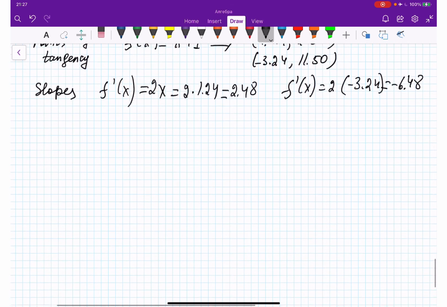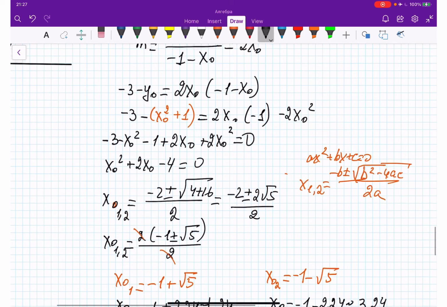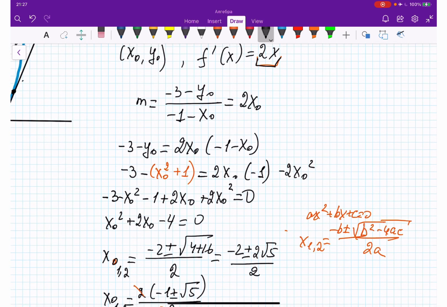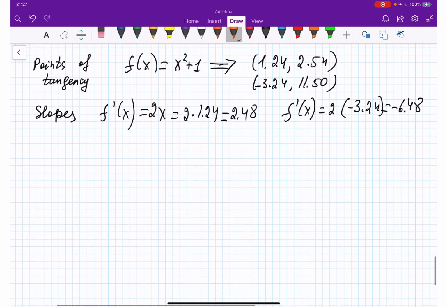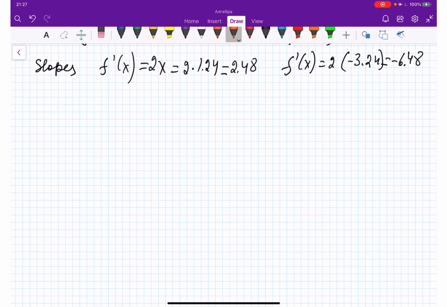So remember here we put down this, where is it? Ah, here it is, negative 3 minus y0 over negative 1 minus x0 equal 2x0, right? So I'm going to use this to write down, just like exactly in algebra, right? When you have slope and a point, you figure out the equation of the line. Actually, next video, I'm going to put the algebra part of it. So if somebody doesn't know this stuff, they can use it.